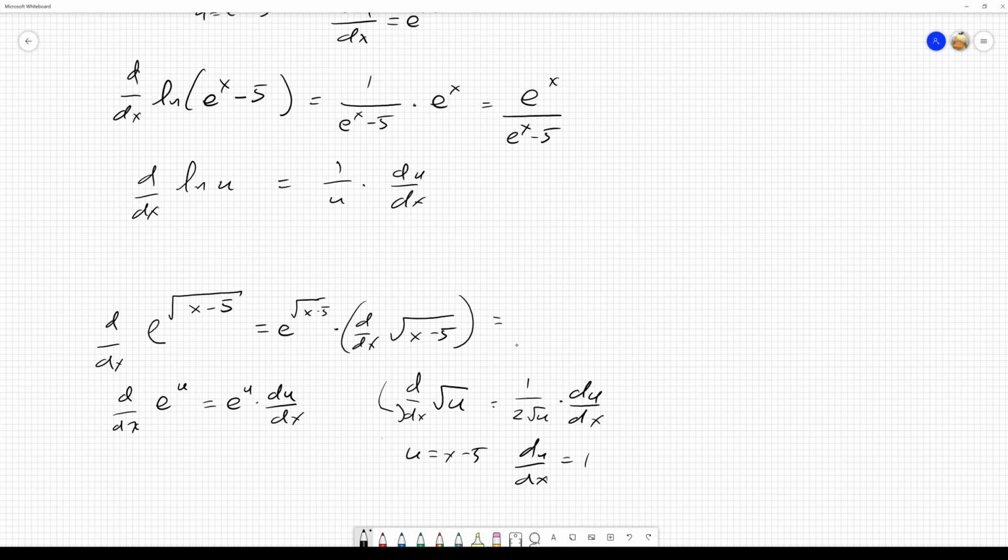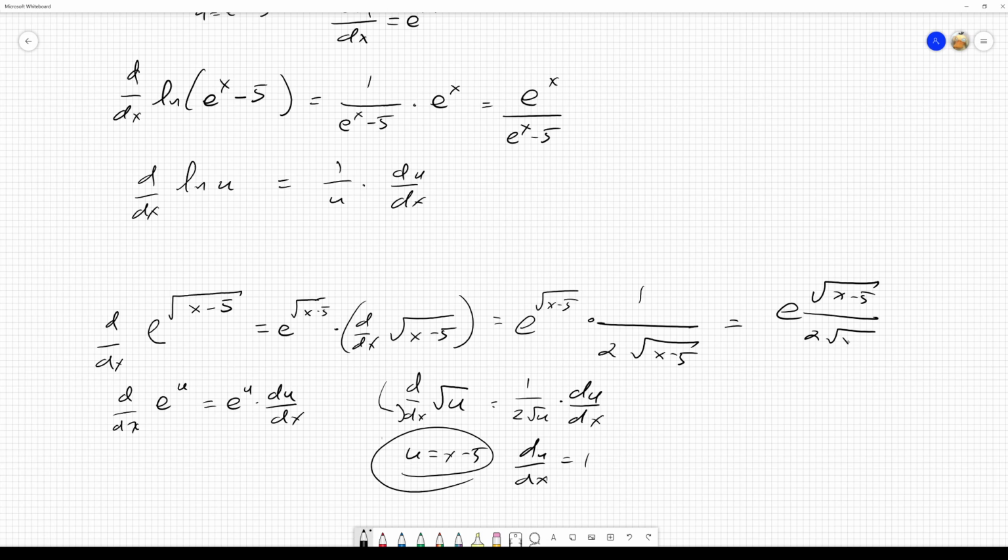So what you're going to get here is e to the square root of x minus 5 times 1 over 2 times the square root of x minus 5, since that's what u is in this second iteration. And so this whole thing just becomes e to the square root of x minus 5 over 2 root x minus 5.